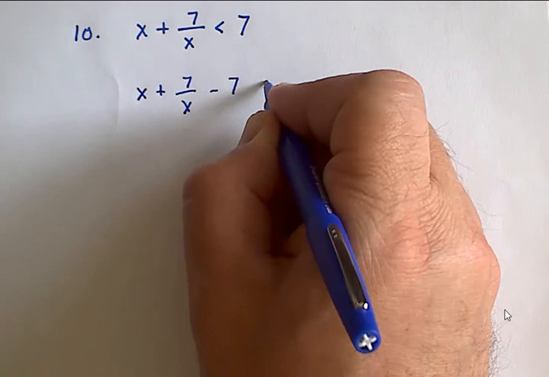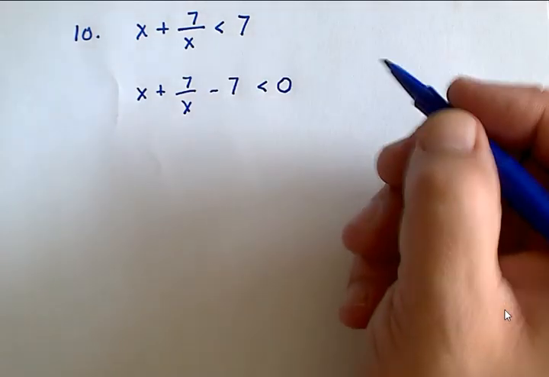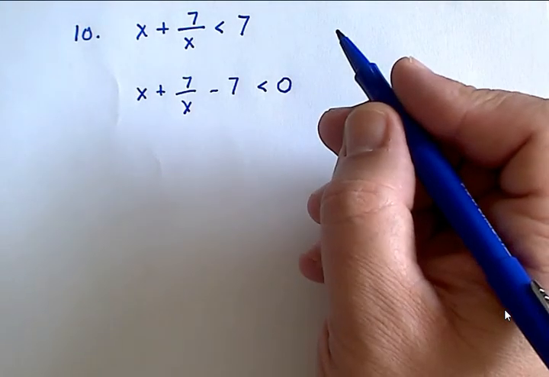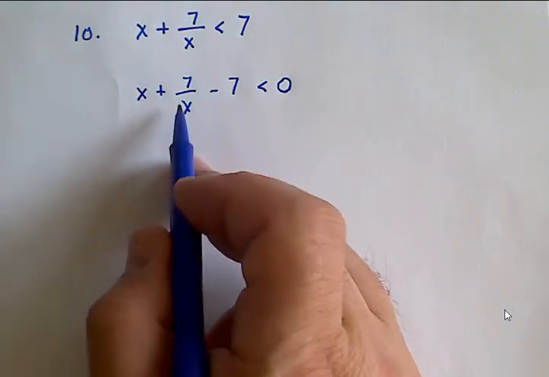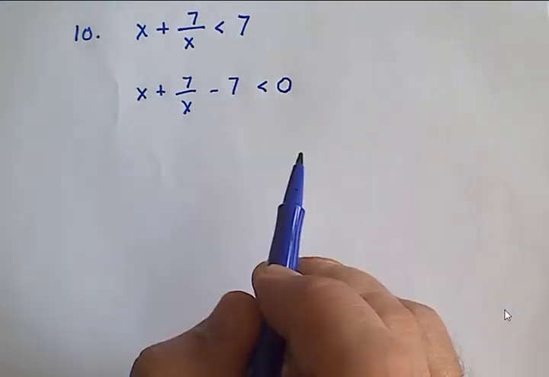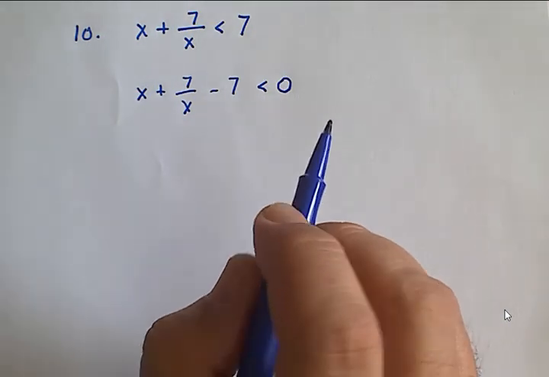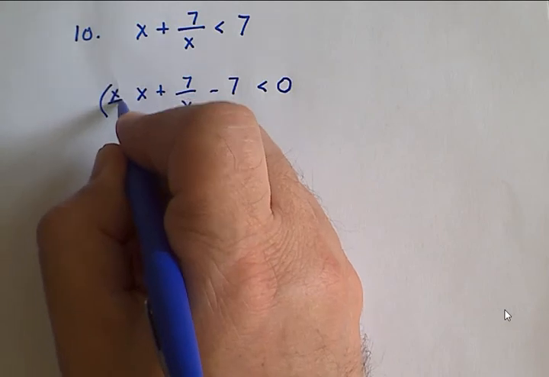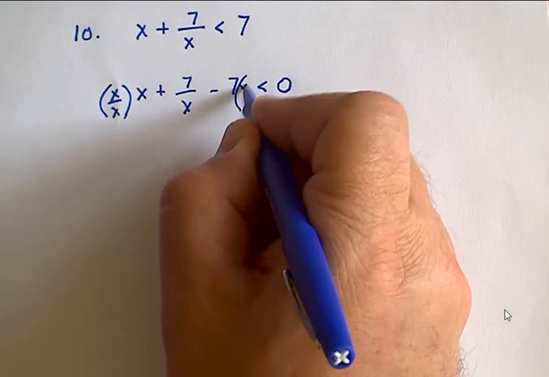The next thing I need to do is make that into one single rational expression. So I've got these two terms here, and then I've got this rational term. I want to put all that together using a common denominator into one single fraction. So I'm going to multiply this first term by x over x, and this last term by x over x.